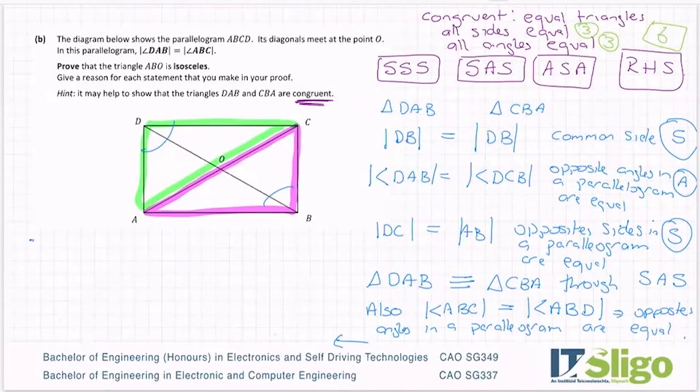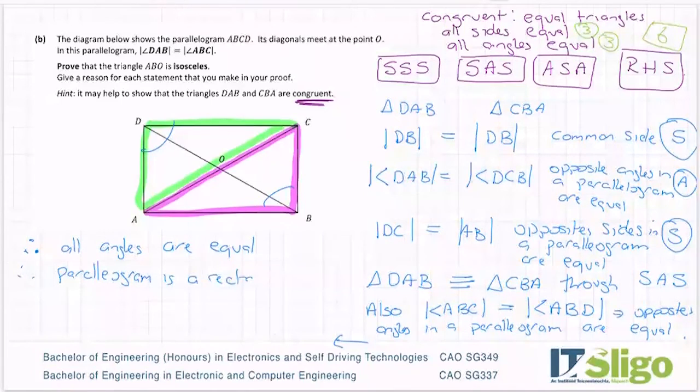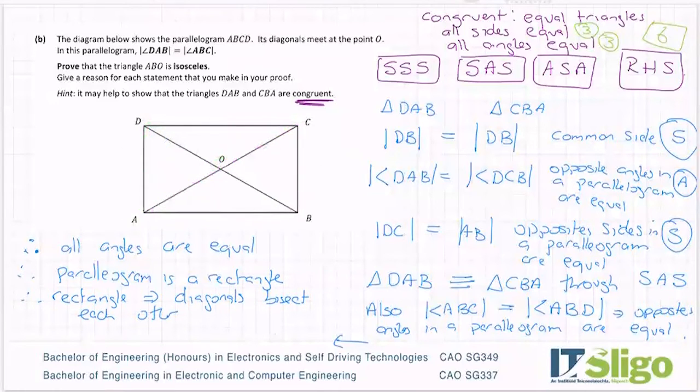Okay, therefore, all angles are equal. Therefore, parallelogram is a rectangle. Another property of a rectangle is that the diagonals bisect each other. Okay, which means they cut each other in half, okay?